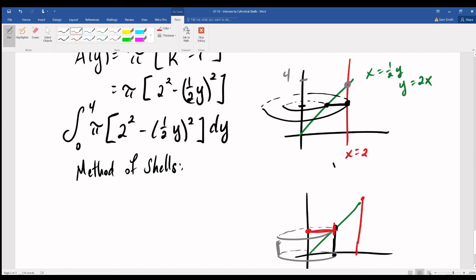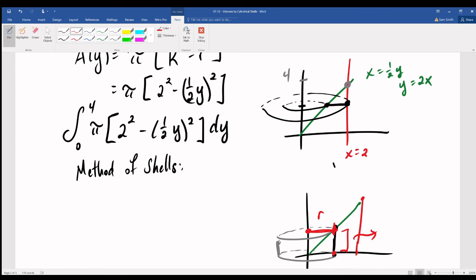So now I'm going to try and identify what would the radius of the cylinder be, r, and the radius of the cylinder is going to be based on the x value here of this function. Meanwhile, the height of the cylinder is going to be based on the difference between the y value of the green function and the y value of the bottom, which is consistently y equals 0.